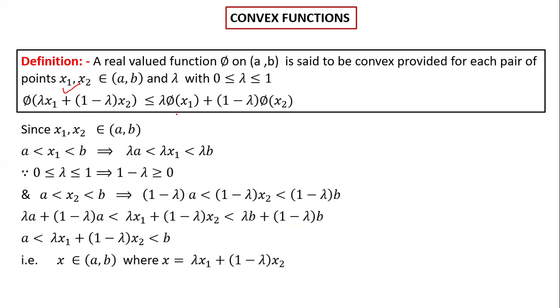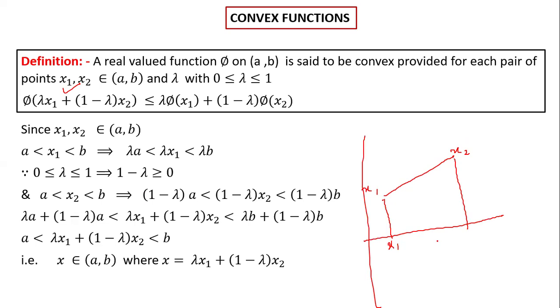So what does this value represent? If x1 and x2 are any two inputs, this is our xy plane simply. So this is the point x1, this is the point x2. So the points will be (x1, phi of x1) and (x2, phi of x2).